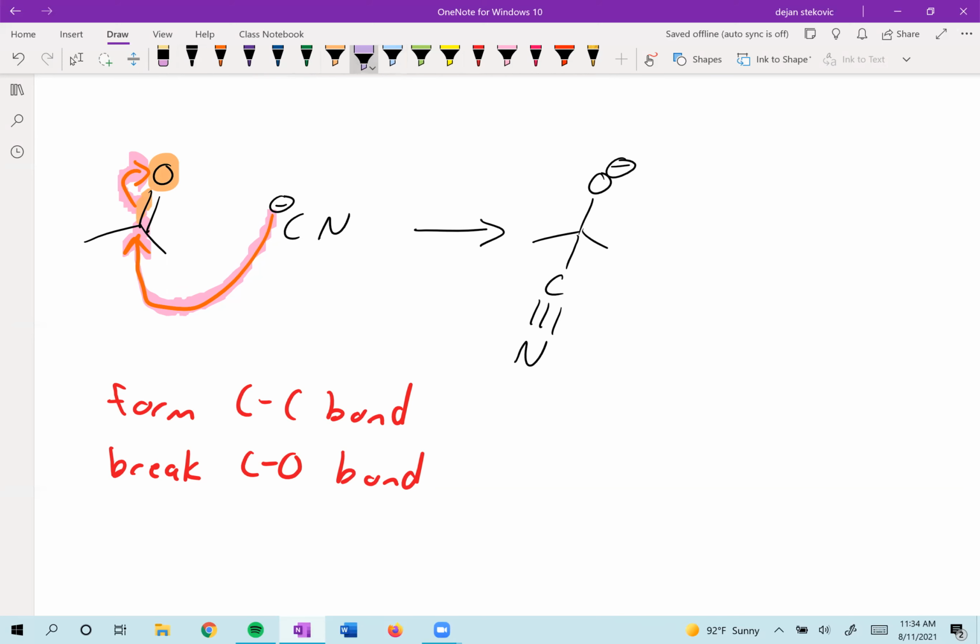If we think about this central carbon here, it has lost electrons from that pi bond, but then it's gained electrons from that cyanide attacking it. And so we've gained and lost, so that cancels out, and we have a neutral charge remaining. And then finally, we think about this carbon right here. This carbon was negative, but now it's donated its electrons to form a carbon-carbon bond. So it goes from being negative to being neutral. And there we have our product.